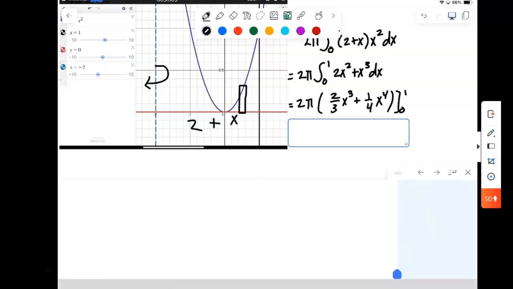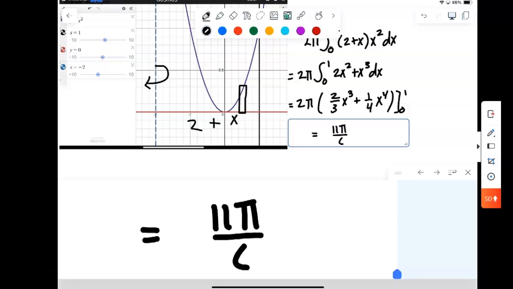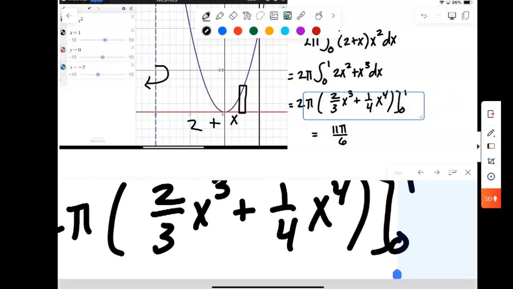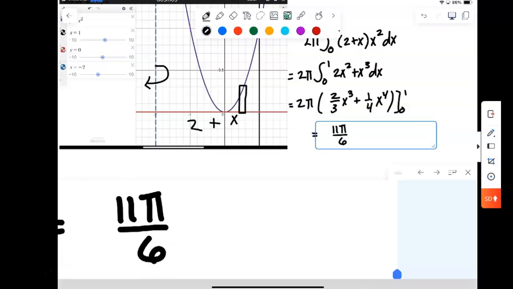So 11/12 would actually give me 11 pi over 6. And of course, we plug in 0, that's all going to go away. So we end up with a volume of 11 pi over 6 cubic units. Okay, 11 pi over 6 cubic units.